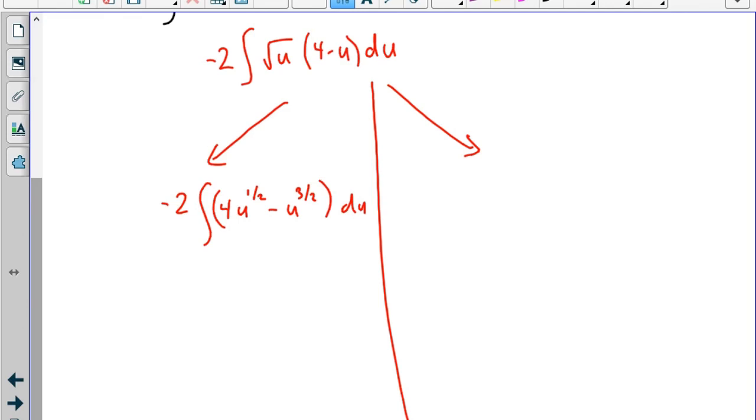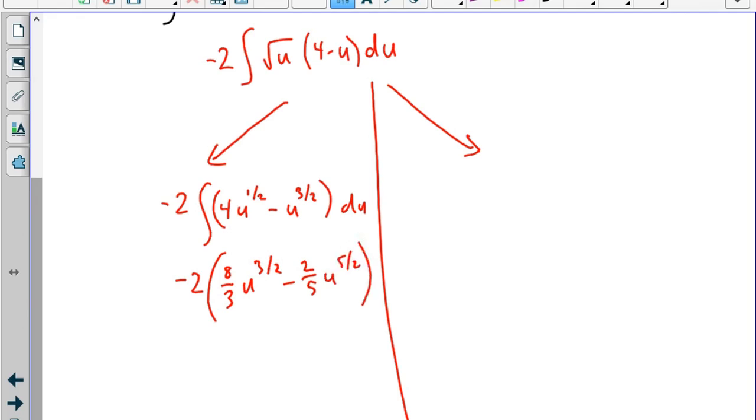So I'm going to integrate these. So I have negative 2 times 4 times 2/3. So that becomes 8/3 u to the 3/2 minus 2/5 u to the 5/2.